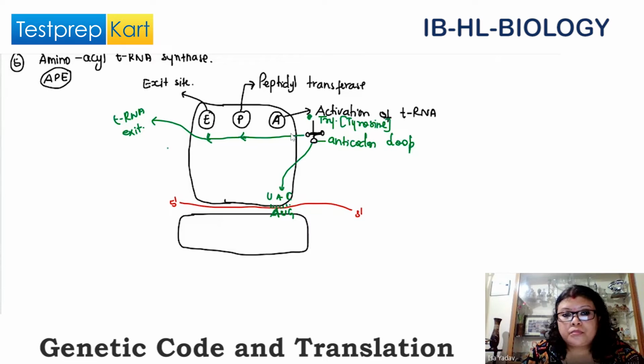Now, UAC, the first amino acid, will form. Like this, many tRNAs will come and code for the different amino acids. Slowly, many amino acids will be accumulating in this P site.